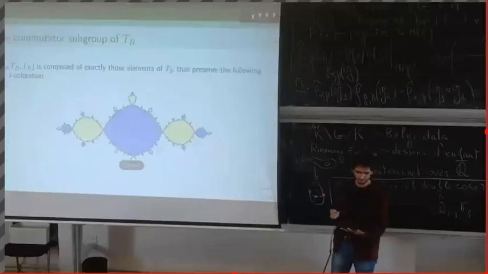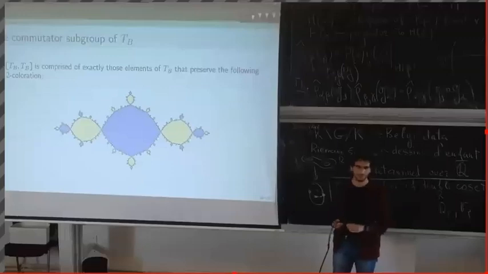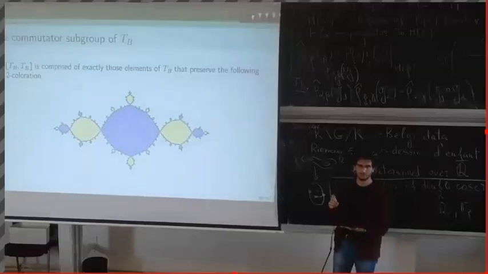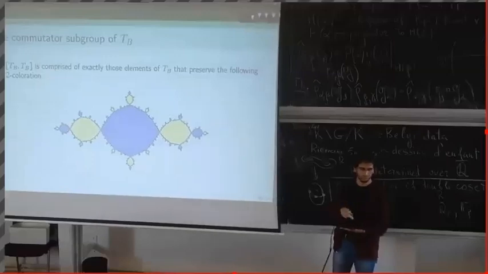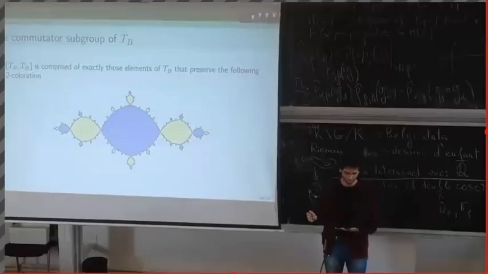Now, about these commutators. For TB, we have this nice picture, which can actually help you understand when an element belongs to the commutator subgroup. If you take any graph-pair diagram for a rearrangement, you can immediately tell if it's an element of the commutator by just seeing if it preserves this coloration. So if it maps any yellow component, essentially any yellow region of space, to a blue one, it's not in the commutator.